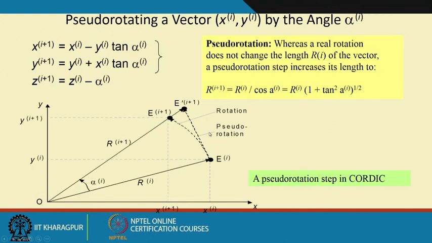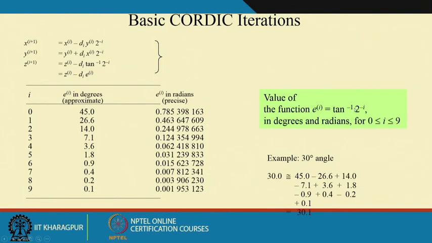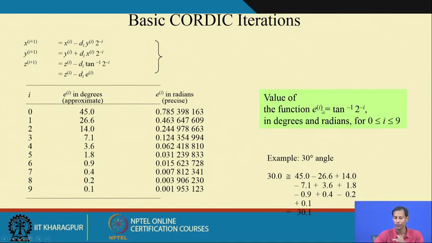This tan alpha i is now replaced in terms of tan inverse of 2 to the power i. So the angle is rotated based on this equation, which is e i equals tan inverse of 2 to the power minus i. Okay.